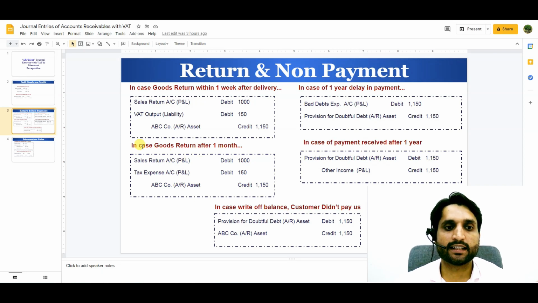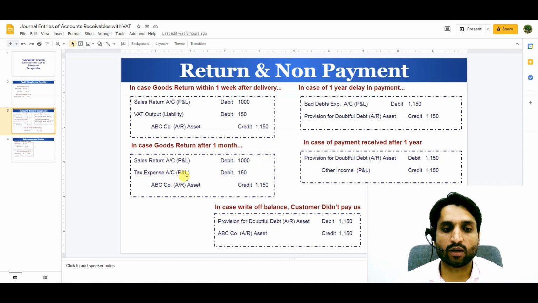Now suppose goods are returned after 1 month. After that period our client returns the goods, but it happens in very unusual cases, like out of 100 maybe 1% of people do this. The sales return account will be debited with 1000, same.